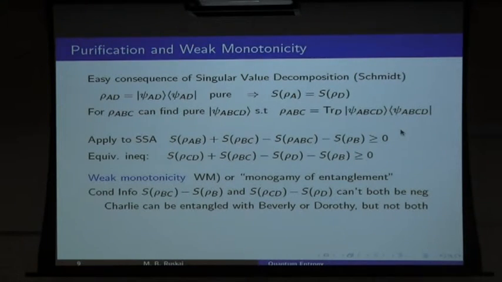So quantum mechanics is a very Puritan theory. Charlie can be entangled with Beverly, or he can be entangled with Dorothy. But Charlie is not permitted in quantum mechanics to be entangled with Beverly and Dorothy at the same time.